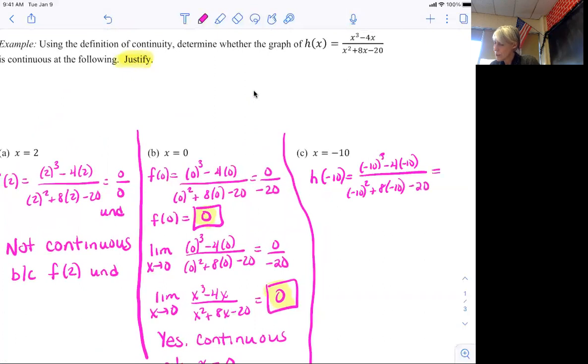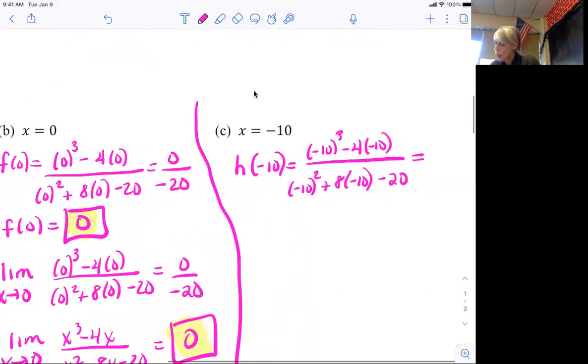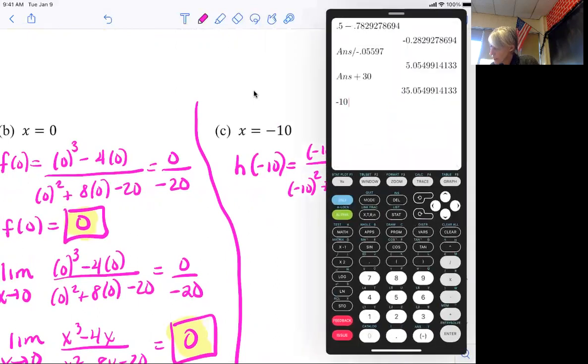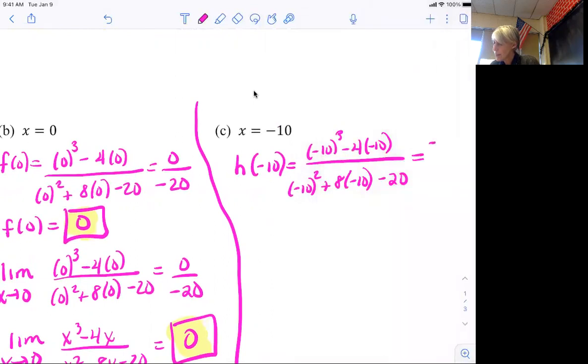Oh, I don't even want to do these numbers, but -10 cubed is going to be -1,000 plus 40. So whatever that is, I get some number in the numerator. I might as well be good about this. -1,000 plus 40, -960.